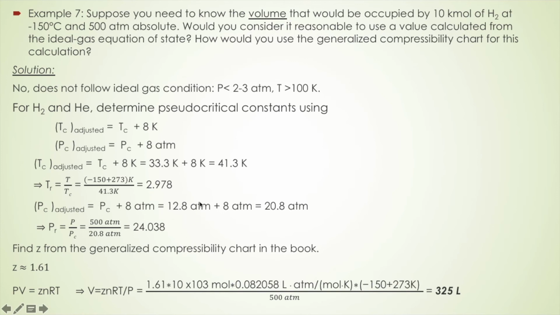The reason we calculate T sub R and P sub R is only to find the Z value from the compressibility chart; you don't use them in this equation. You have to use the absolute pressure and temperature given in the problem statement to calculate the unknown variable. Did you get that?